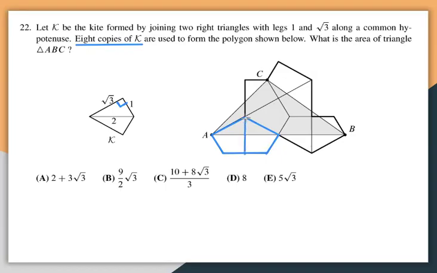So this is one to the left, one to the right, and then you can continue in this. So we have 2 more right here. This is just the upside down version of this one, and you can see we have another one right here.